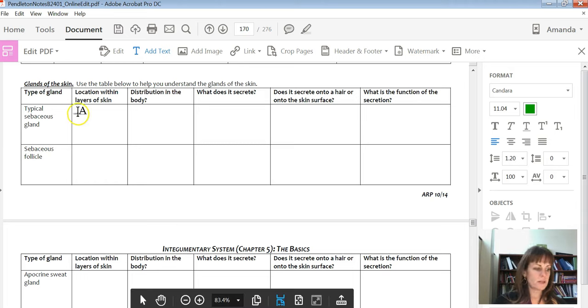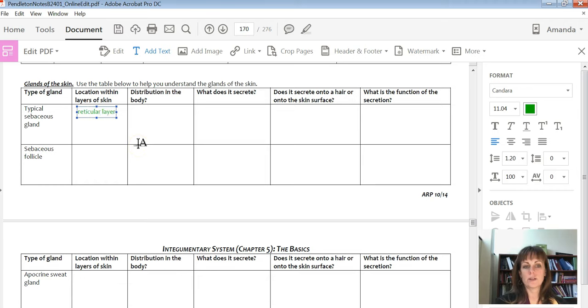Okay, so let's just go through here. A typical sebaceous gland is going to be in the reticular layer of the dermis. Distribution in the body: anywhere there's a hair. So what does it secrete? A substance called sebum. This is an oily secretion.